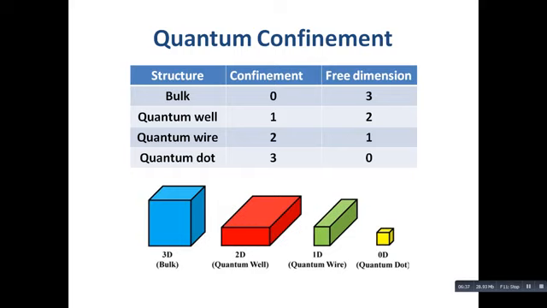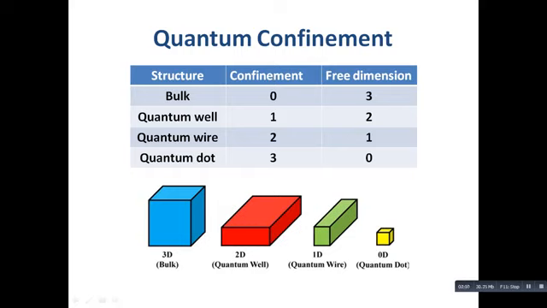I mean, this is a macroscopic dimension, whereas these two, this length and breadth, are microscopic or nanoscopic dimensions. Therefore the particle is confined to move along two dimensions, so it has two confinement dimensions, and at the same time it has one free dimension. Such structures are called quantum wires.